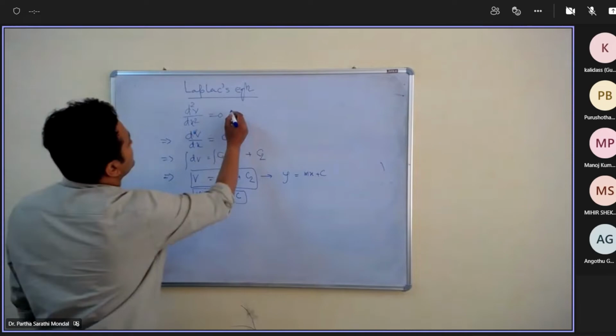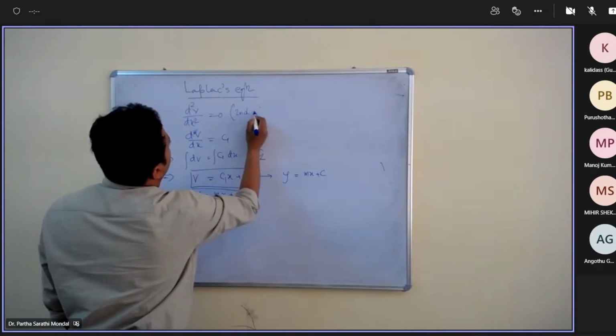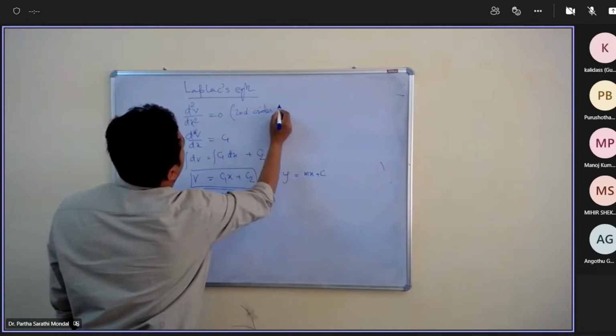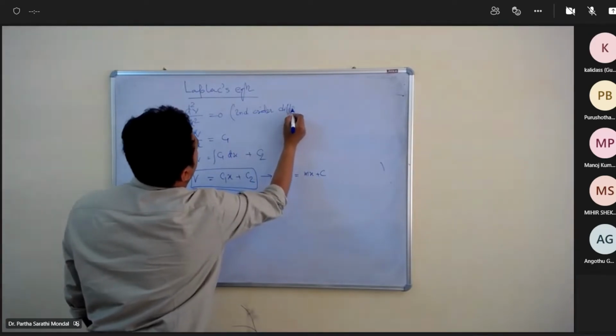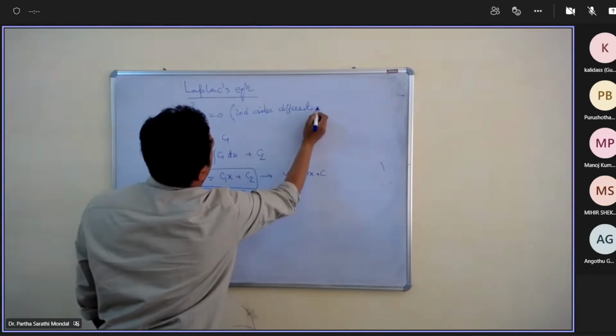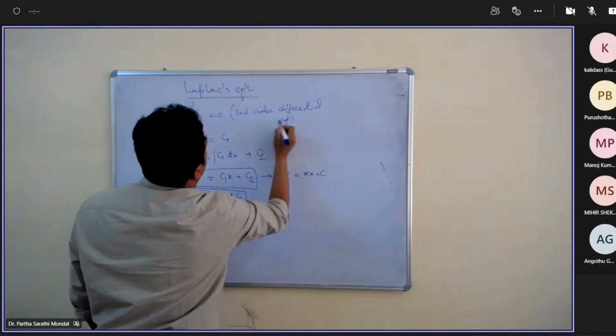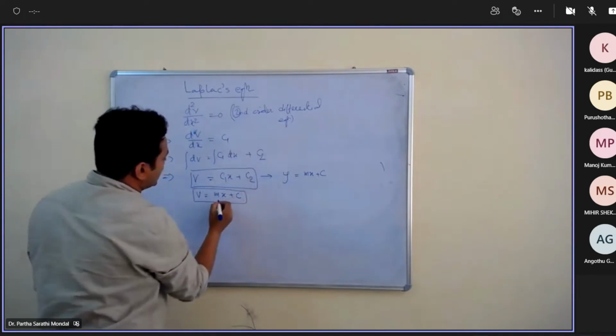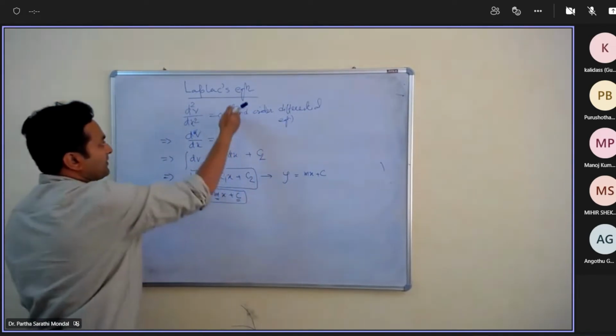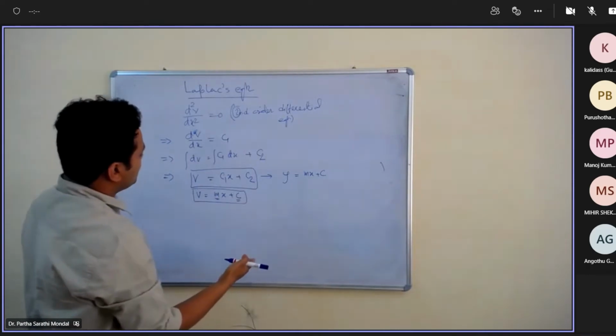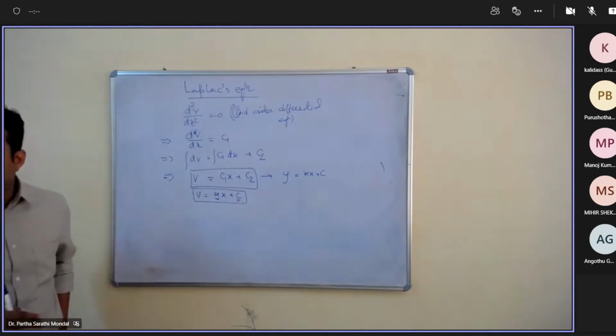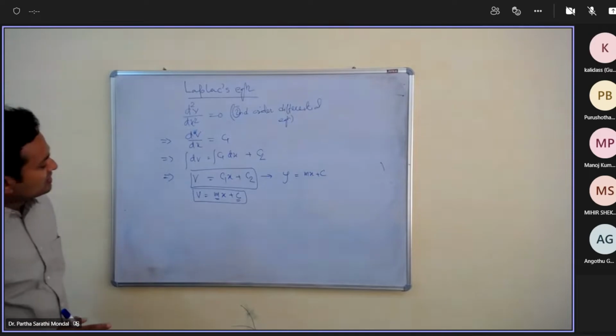See, if you have a second order differential equation, you will get two constants. If you have a first order, you will get one constant. So the order will give you the number of constants.